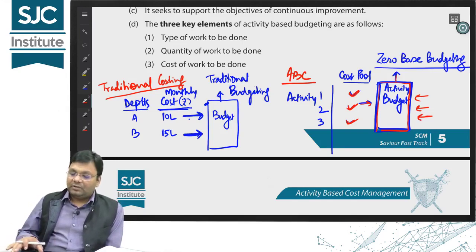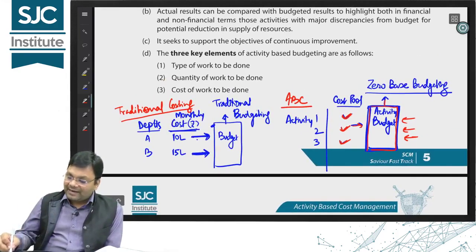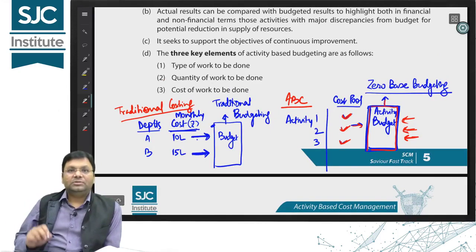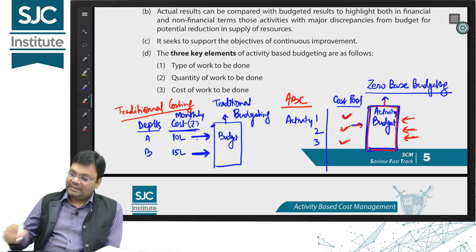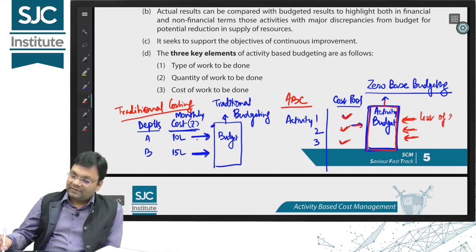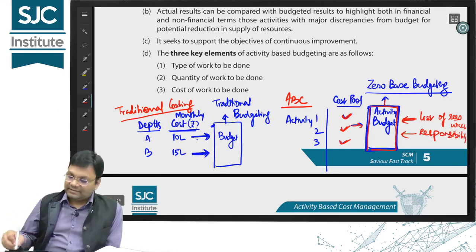Got it? So I am again repeating, whenever we are writing the answer about activity based budget, we always talk about three things. What three things? First, that every time it requires justification of cost, so the list of resources is well noted every time the budgets are prepared. Second, who will be doing what, that is, the activity staff responsibilities are well noted, so that we can understand who will be doing what, and there is no misutilization of funds.